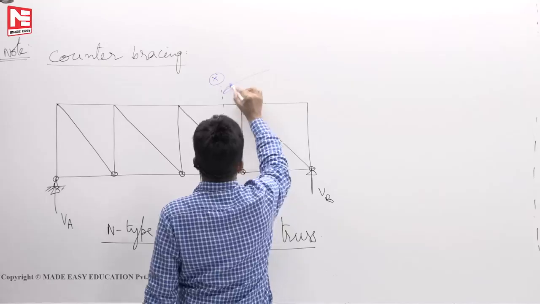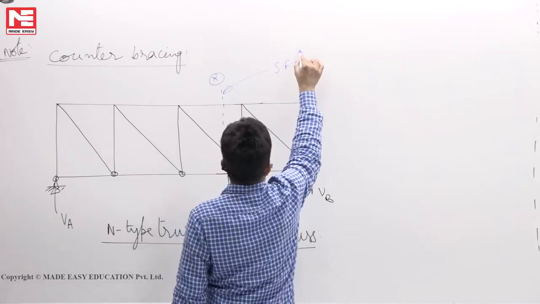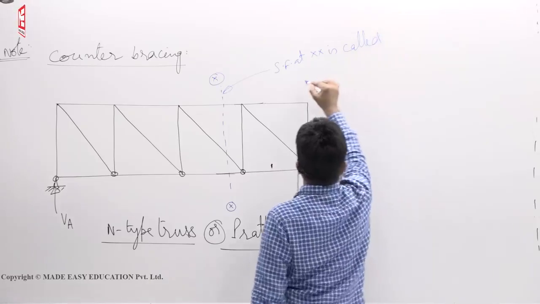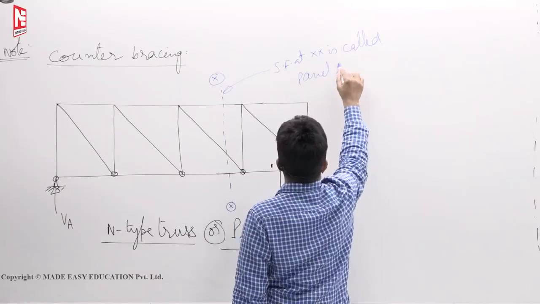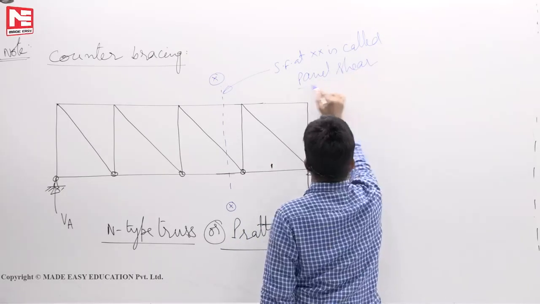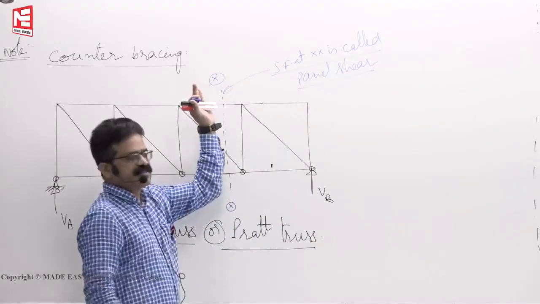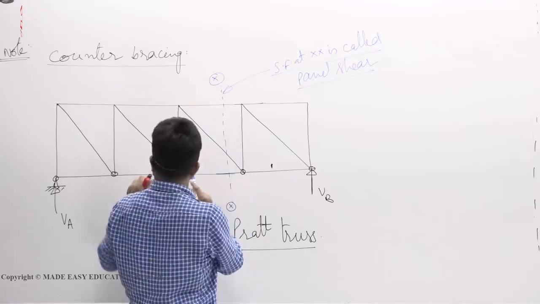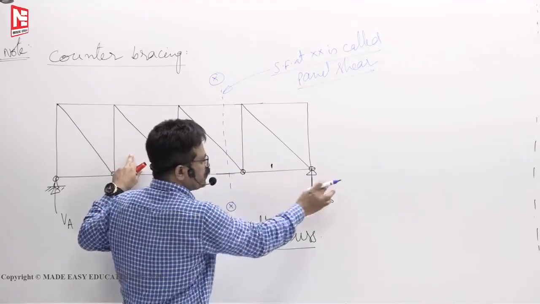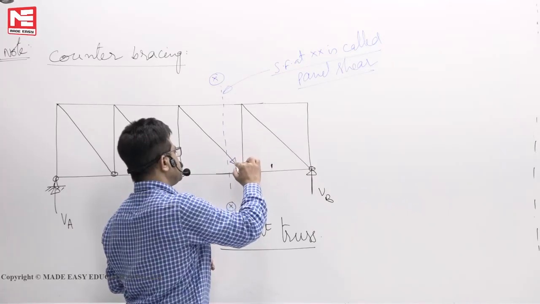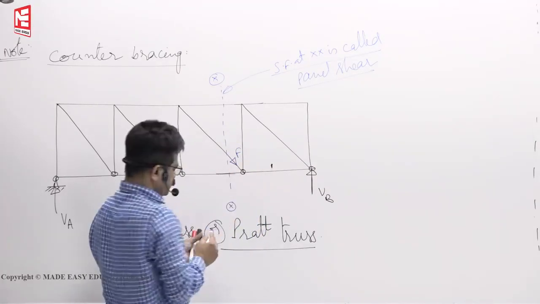I told you the shear force at XX is called panel shear. Now what is the panel shear at XX? Assume that loads are somewhere here, no load here, only VB is there. So the upward force, to balance it, should be downward, F.